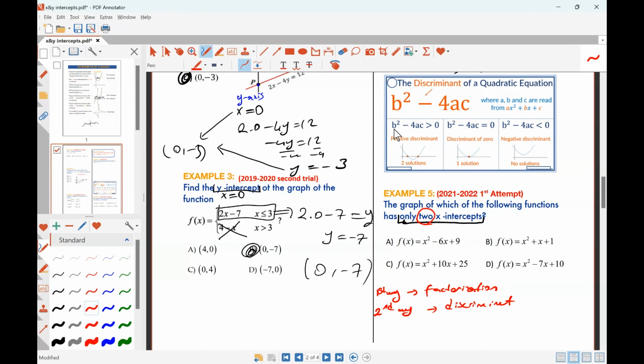If b squared minus 4ac is positive, then we have two different solutions, meaning two different x-intercepts. If the discriminant is equal to 0, then we have only one solution, meaning one intercept. And if the discriminant is negative, then we have no real solution, meaning no x-intercept. Solution means x-intercept.